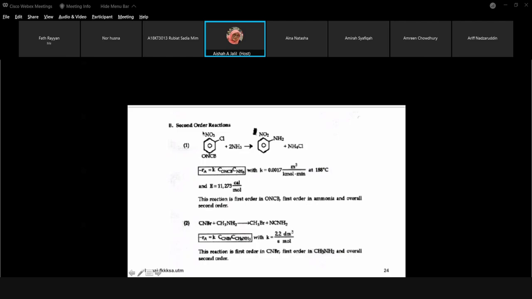So the second order for this one is the overall second order. And then this is an example of first order in CNBr, first order in CH3NH2. So overall is second order. You can see this is the unit for the second order. If you cannot remember, please go back and see the table.